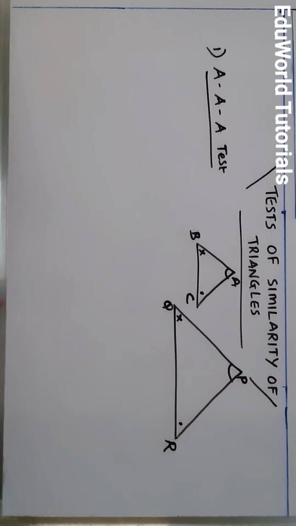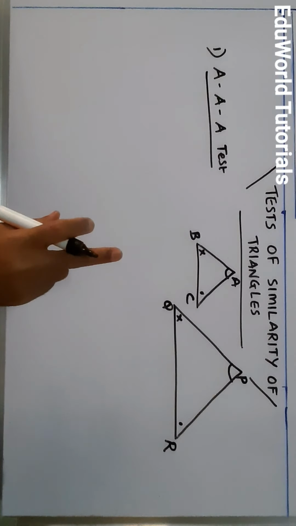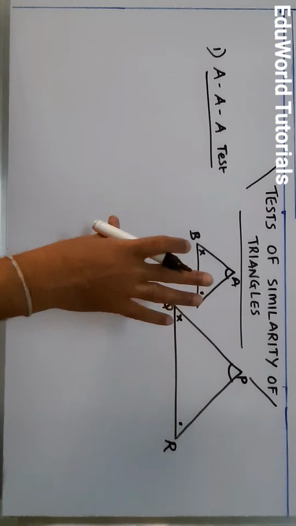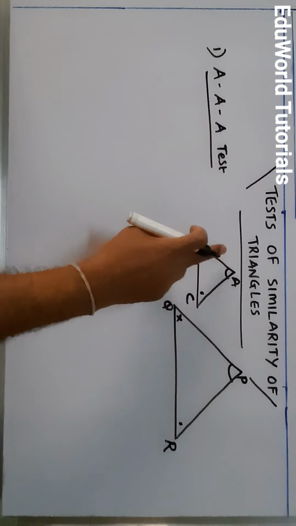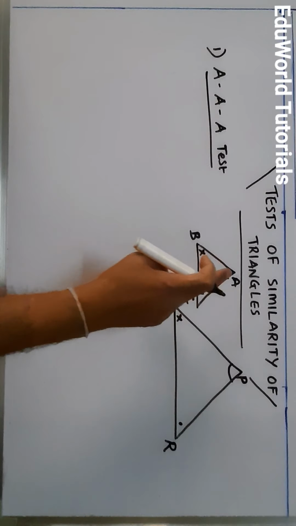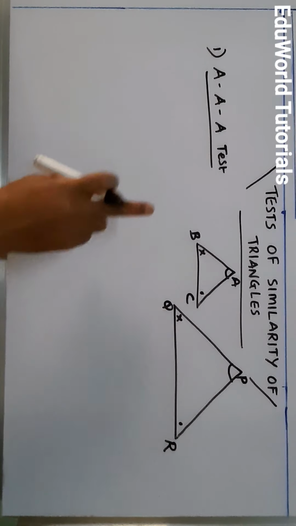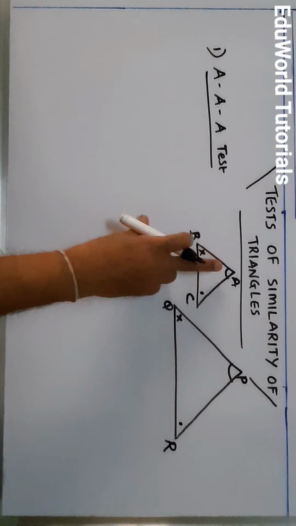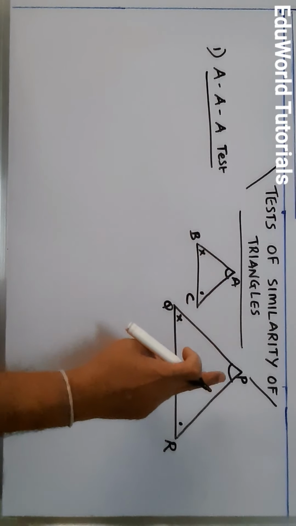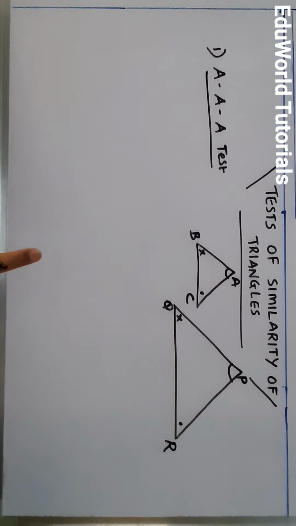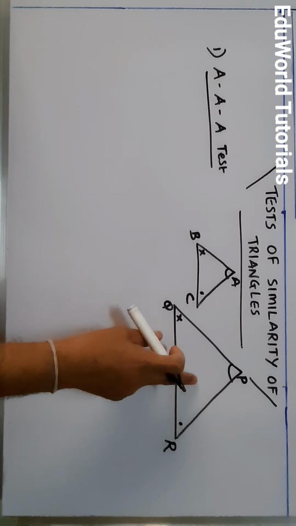These are the minimum, sufficient conditions to prove two triangles similar. It is not necessary that we are given all the parts, like corresponding sides in proportion and corresponding angles congruent. Even if three angles of one triangle are congruent to the corresponding three angles of another triangle, then the triangles will be similar.